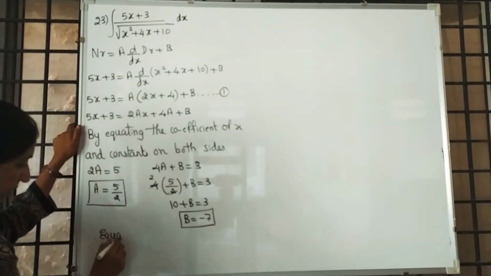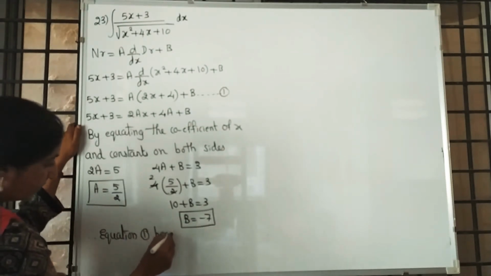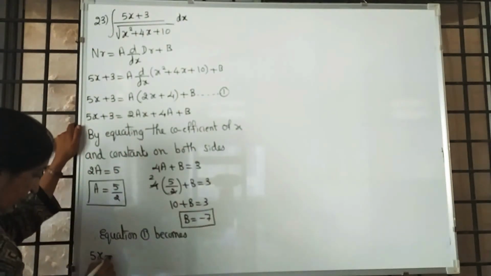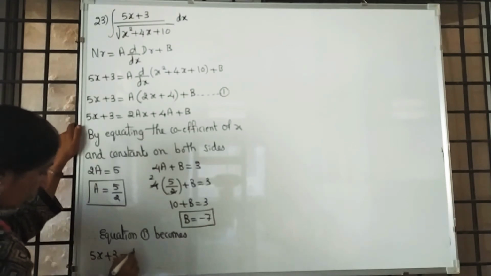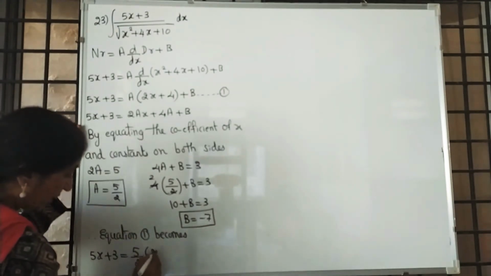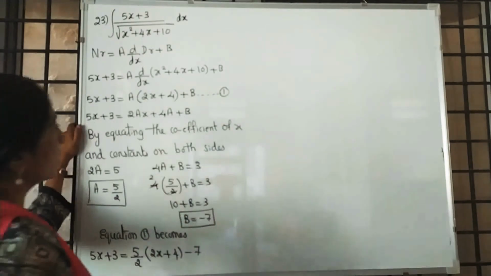Therefore, equation 1 becomes, see this is equation 1, 5x plus 3 is equal to 5 upon 2, write down that a value, (2x plus 4) minus 7.